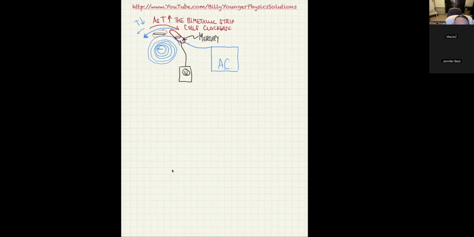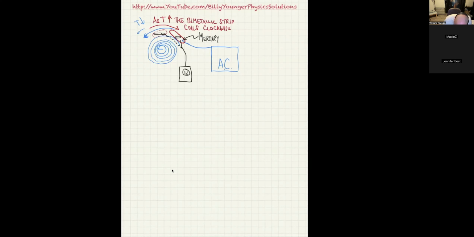Okay, now that still is connected to the black wire like that. So the power is still stabbing into the mercury.